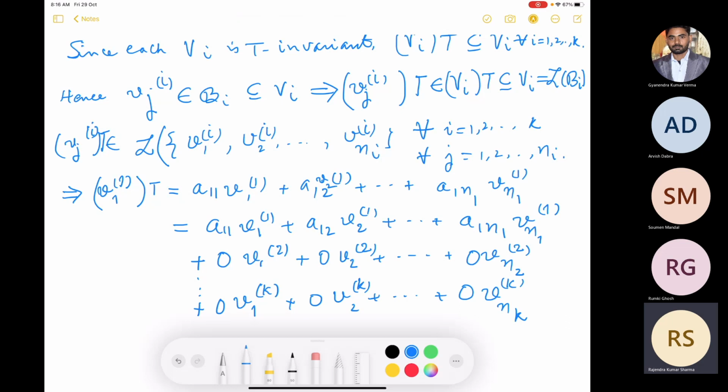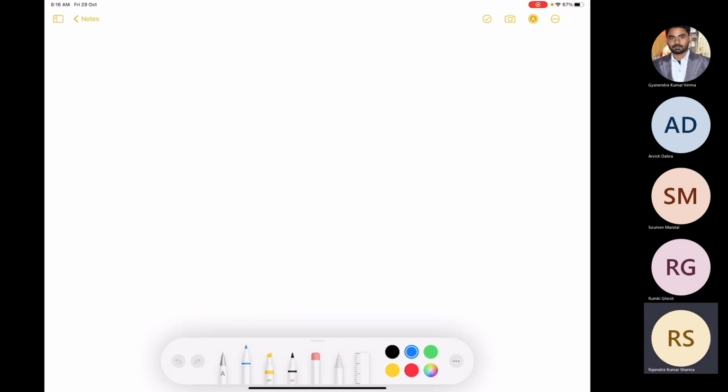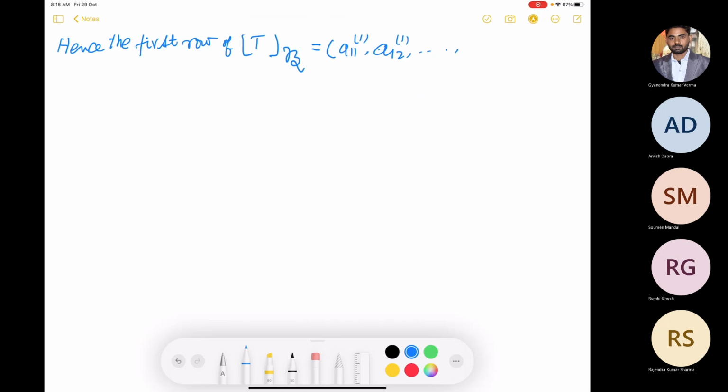And hence this will give the first row of the matrix of T with respect to the ordered basis B. The first row of the matrix of T with respect to the ordered basis B is a11,1, a12,1, up to a1n1,1, and all the remaining entries will be zeros.